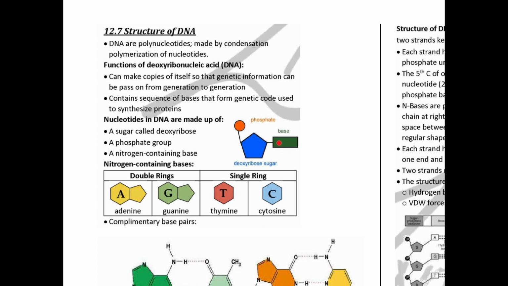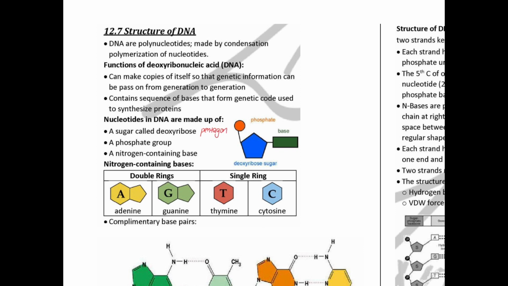Okay, so now let's see what all these components are. So the first one is called a sugar. The sugar is called deoxyribose. This is pentagon shaped. So this is the pentagon.